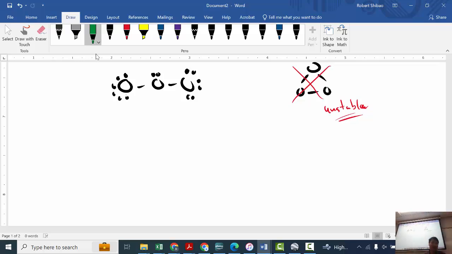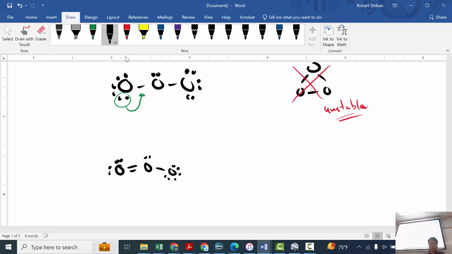Yeah, the one in the middle doesn't have an octet. We can fix that by creating a double bond. If we create a double bond here, we'll take a lone pair and make that a bonding pair here. Okay, now all the atoms have an octet, but something still doesn't look right. What doesn't quite look right?